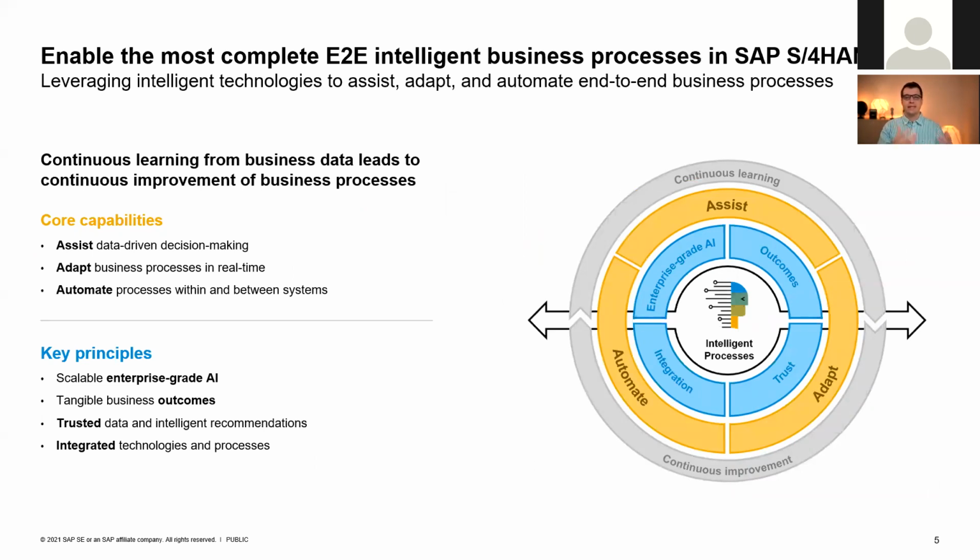We want to help adapt processes, for example, based on sensor data that you can pull in. And we want to help you automate parts of your process. That could be using machine learning to automate more complex and repetitive tasks, or robotic process automation to automate things within the system or even between systems.